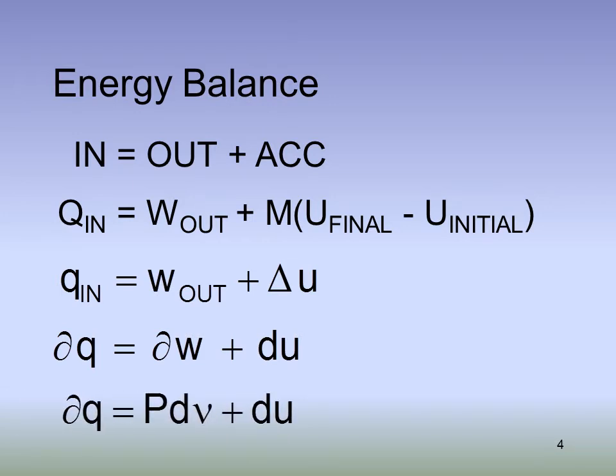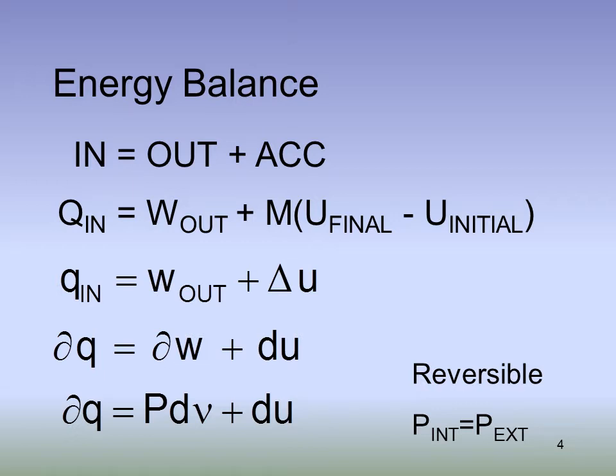Now if you recall, dw, if it's work out, is equal to p dv, where dv is the specific volume change, so dq equals p dv plus du. And that's for a reversible case where P is the pressure of the system, P internal equal to P external.